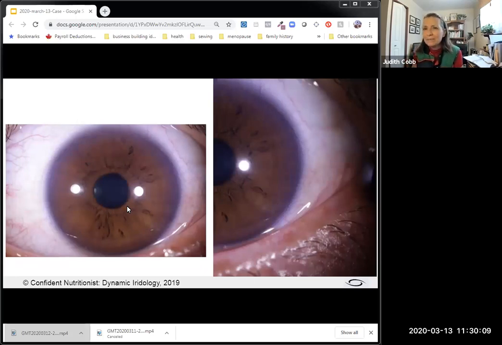Okay, so this eye suggests that there may be a personal or family history with a condition that has come to the forefront in the last decade that is called the MTHFR defect.